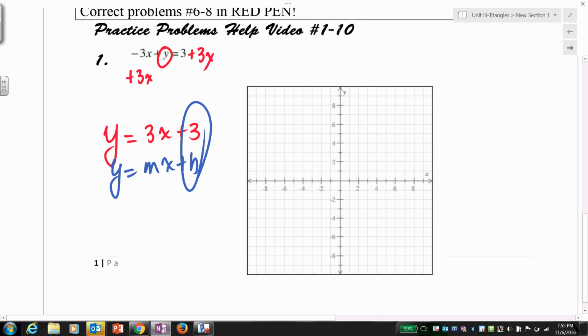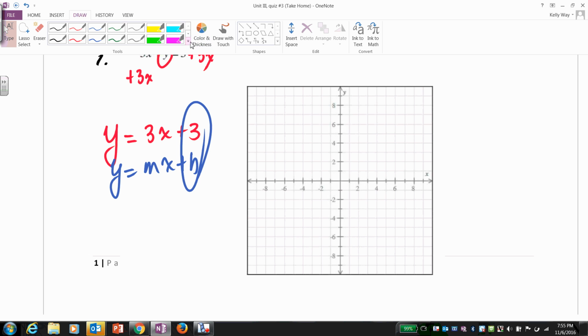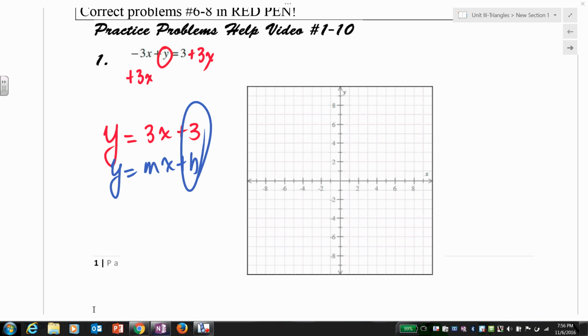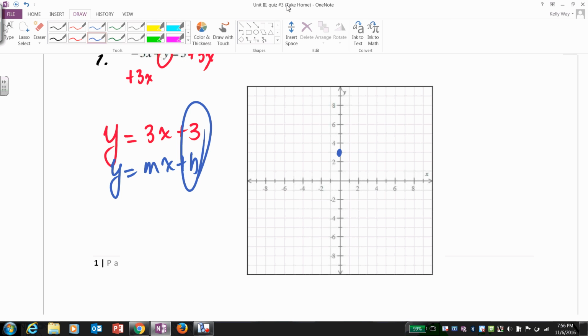Our b is positive 3. And our slope is 3 over 1.